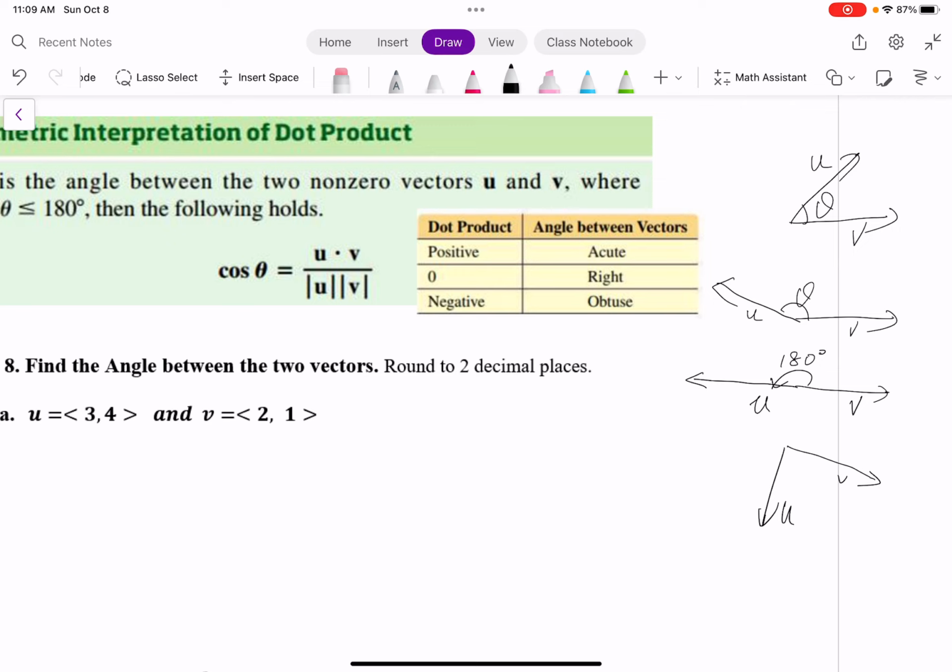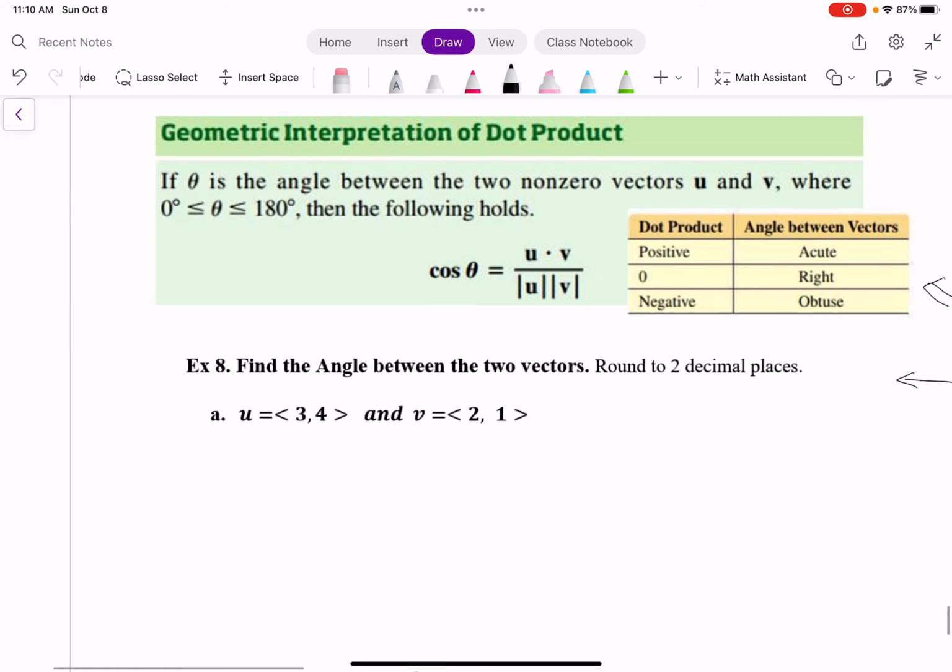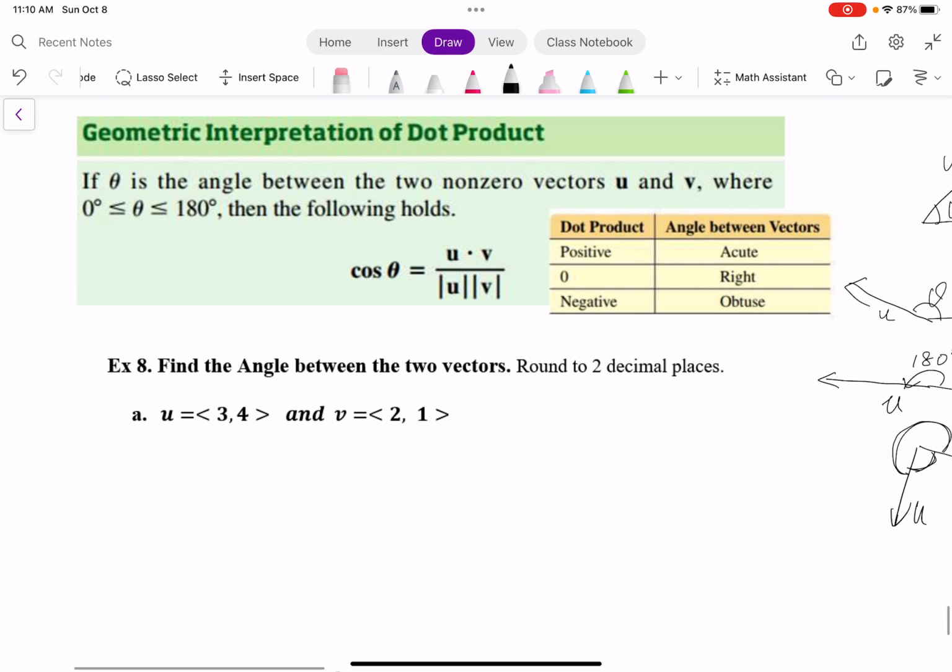The greatest value of the angle is 180 degrees. I prefer to have the smaller angle, and that represents the angle between these two vectors.